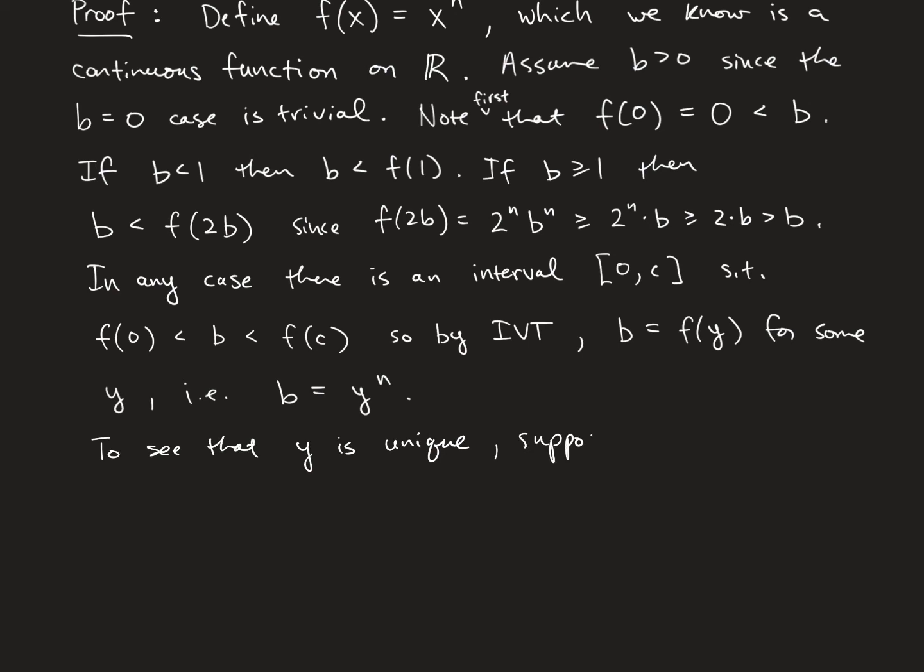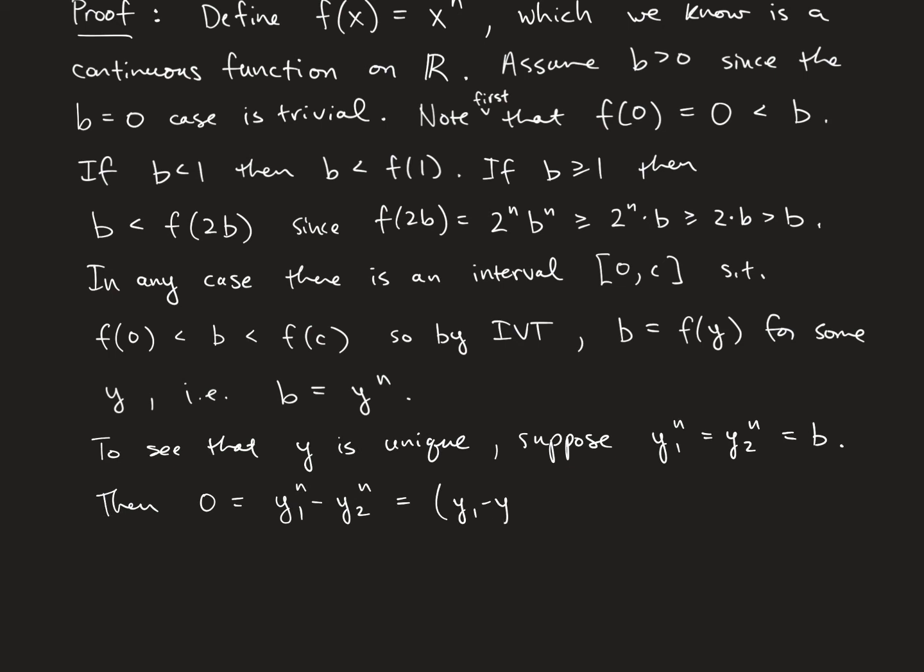Suppose that y1 to the n equals y2 to the n equals b. Well, then 0 is equal to y1 to the n minus y2 to the n. And there's a factorization of this.